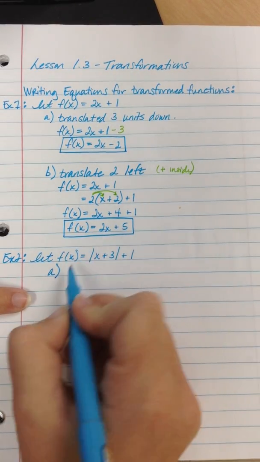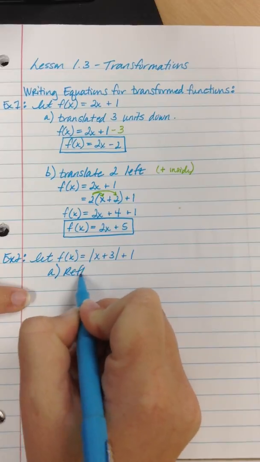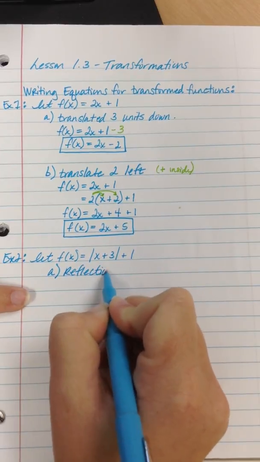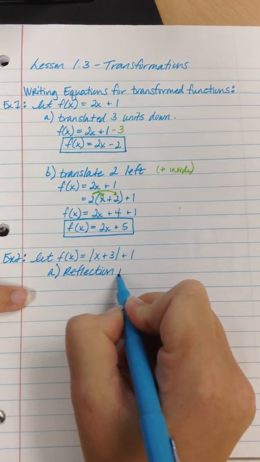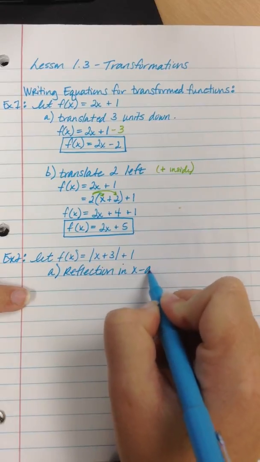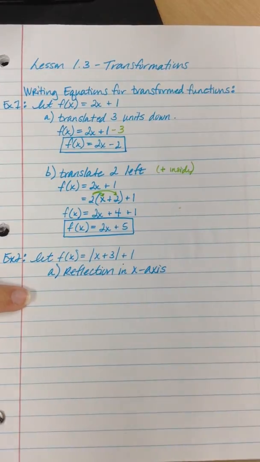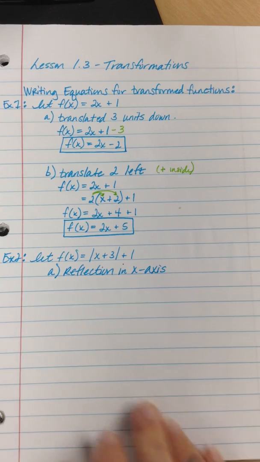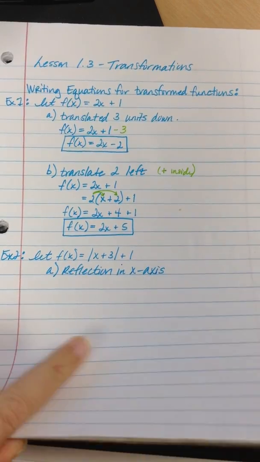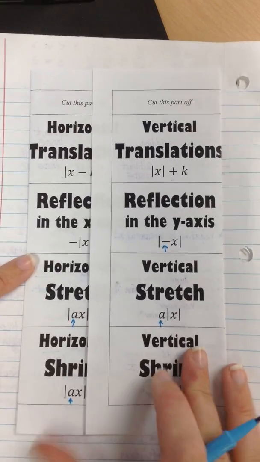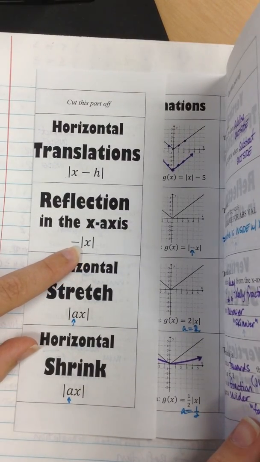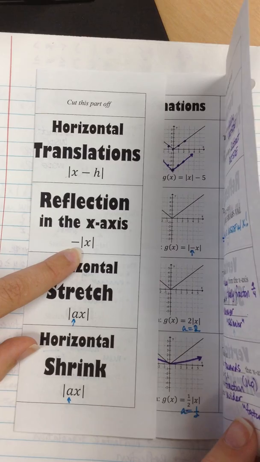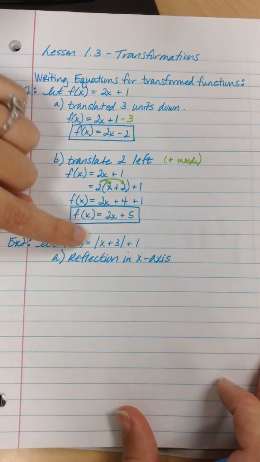So the first thing we're going to do is a reflection in the x-axis. So if we go back to our foldable, you'll see that with reflections in the x-axis, we need a negative out in front. That's easy enough. So here's my equation.